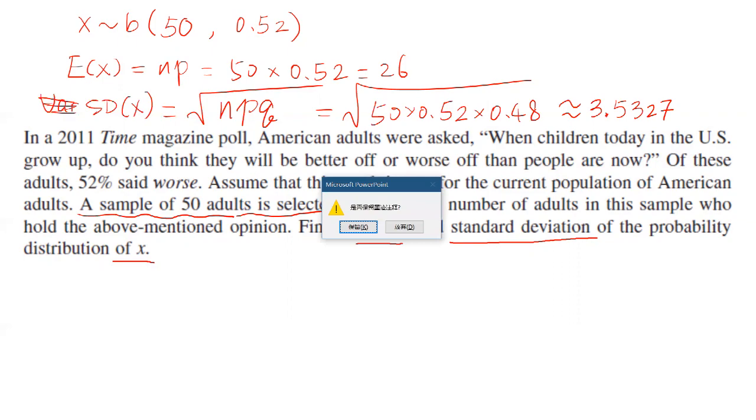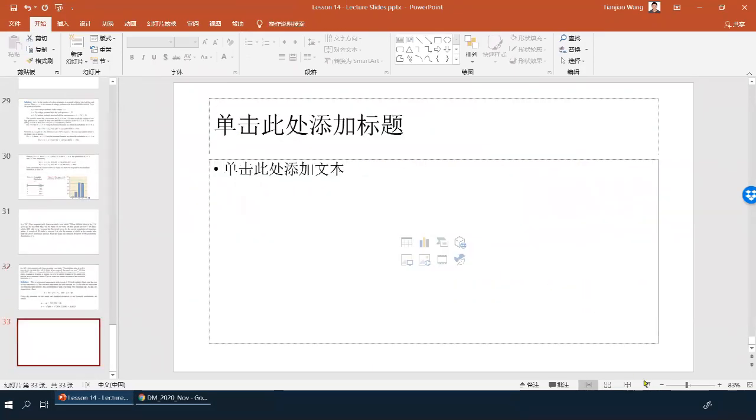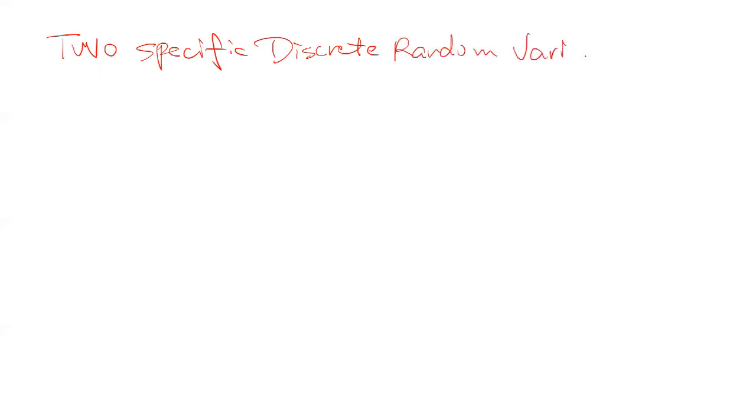No? All right, I'll make a brief summary for today's lesson. Today we have learned two specific discrete random variables.